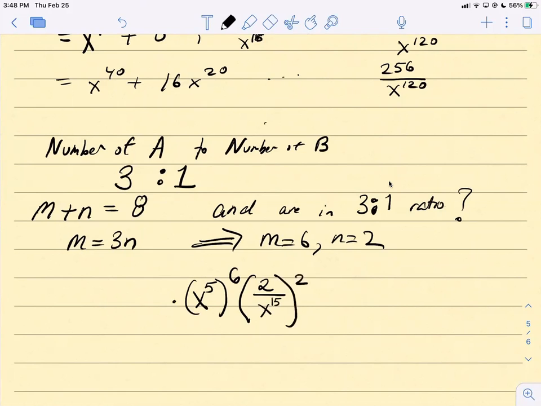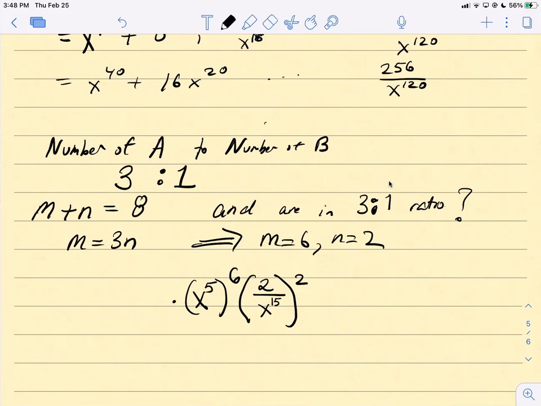And then what are we missing in the front here? What do we need to write down in order for this to be a part of the expansion? So I got 6 a terms and 2 b terms. But what am I missing overall? What do I need to definitely have in order for this to be equal to the expansion?